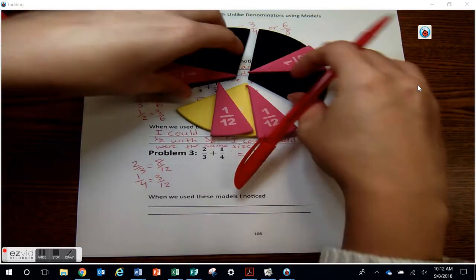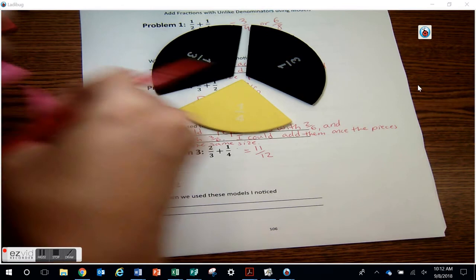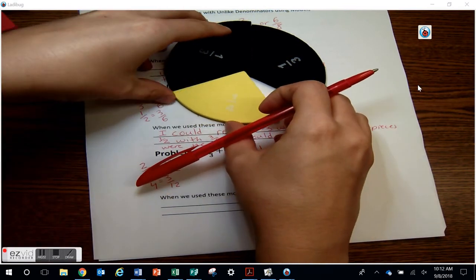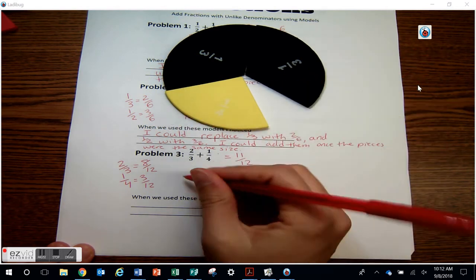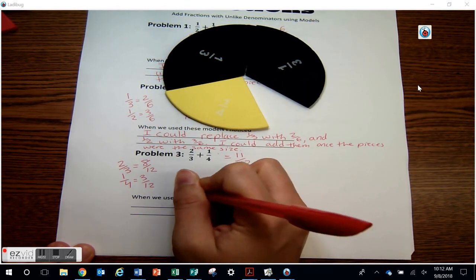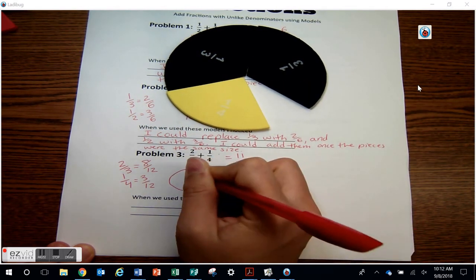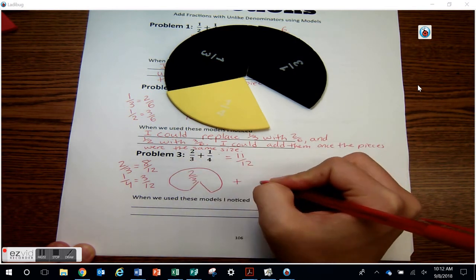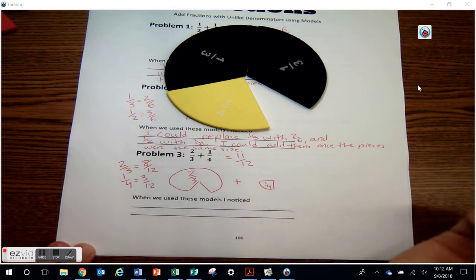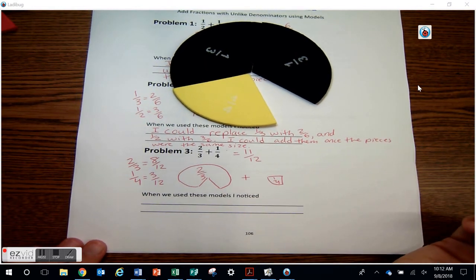When we use these models, what did you notice? I'm going to go ahead and draw this while you're thinking. I have my 2/3. Again, it's not perfect, but it's okay. 2/3 plus my 1/4. What did we notice?